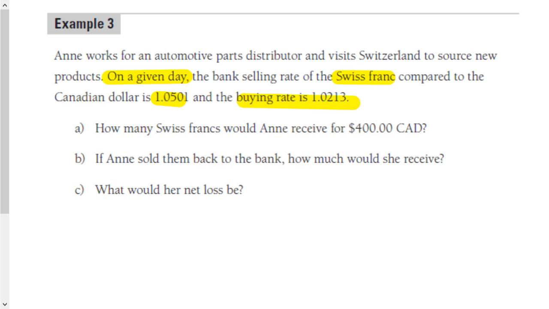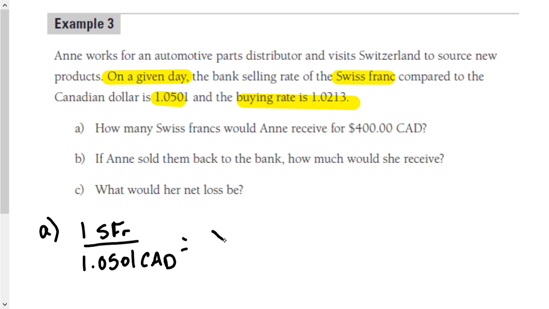So question A asks us, how many Swiss francs would Anne receive for 400 Canadian dollars? So 1 Swiss franc is worth 1.0501 CAD. And we need to find out how many Swiss francs from CAD we will get.